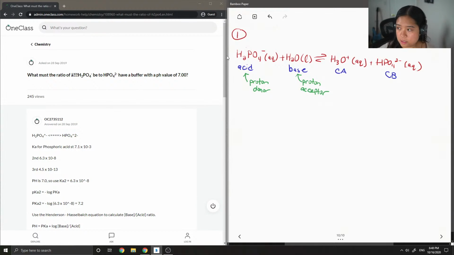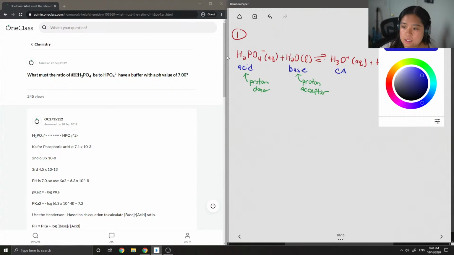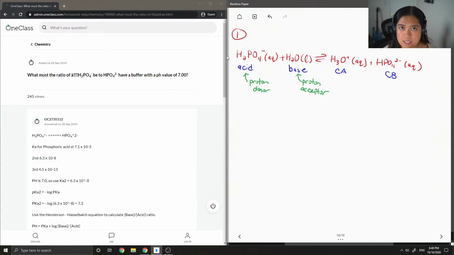Okay, so you can see that our question starts off with phosphoric acid that has already lost one of its hydrogens to have H2PO4 minus. So I need to find the Ka value for H2PO4 minus.